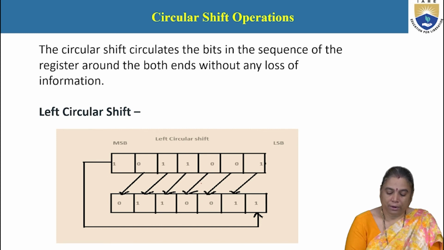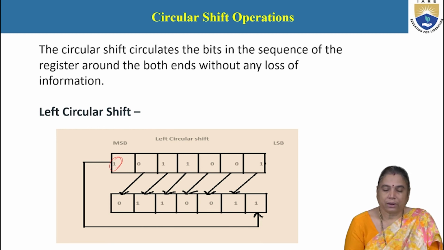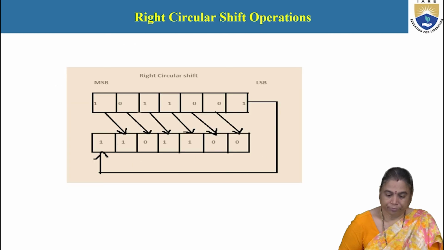Here, in the left circular shift, each individual bit is shifted by one bit, and the bit that is left at the MSB is used to fill the vacant position at the LSB. So this is the left circular shift.